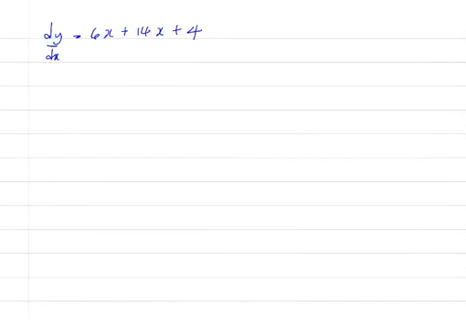dy by dx is equal to 6x squared plus 14x plus 4, and the next turning point that we need to classify is minus 2, 1.